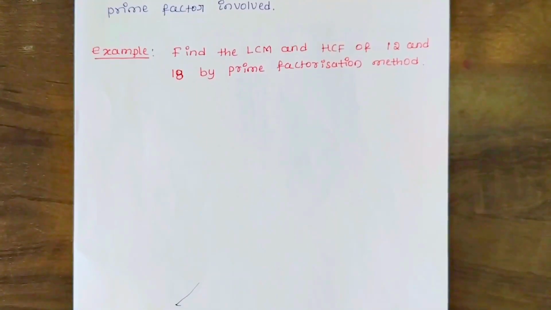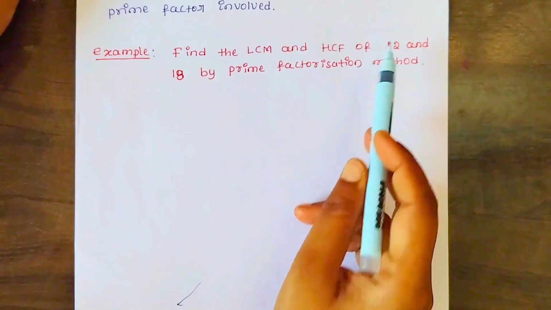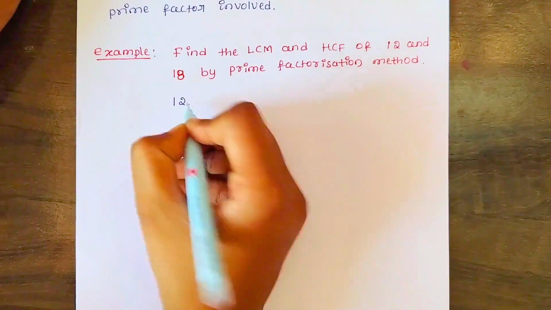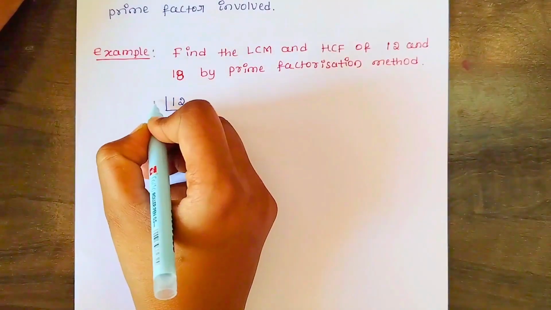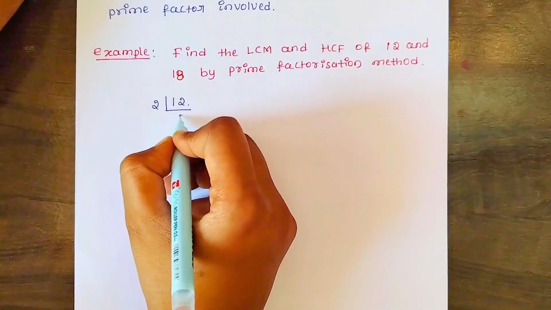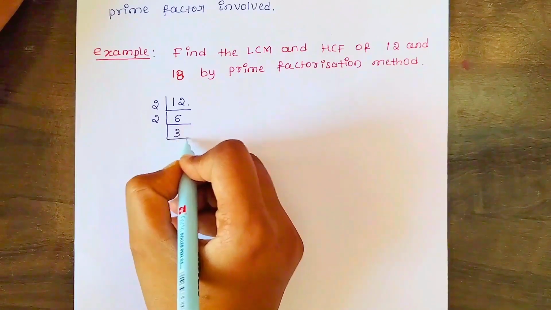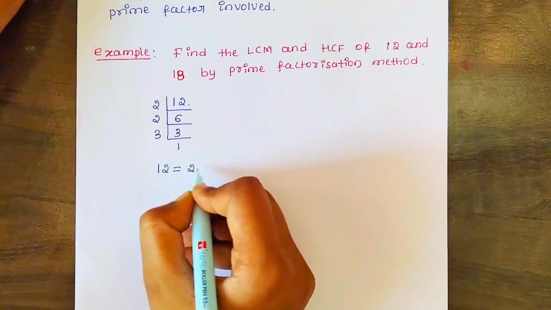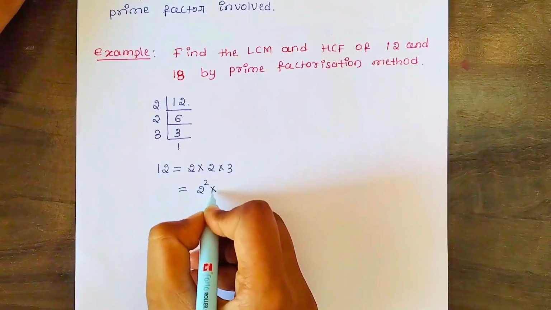Here I am going to explain the concept of HCF and LCM by taking an example. We have to find the LCM and HCF of 12 and 18 by the prime factorization method. First, I am considering 12. Use the long division method, start with the lowest prime number, 2. 2 sixes are 12, again 2 twos, 2 threes are 6, next prime number 3, 3 ones are 3. So we write 12 as 2 into 2 into 3, that is 2 to the power 2 into 3.